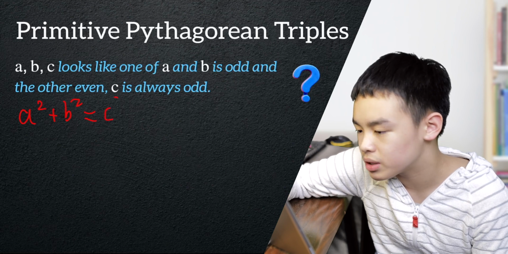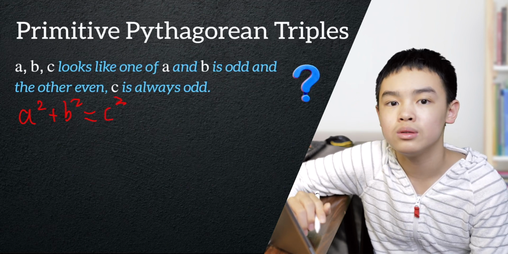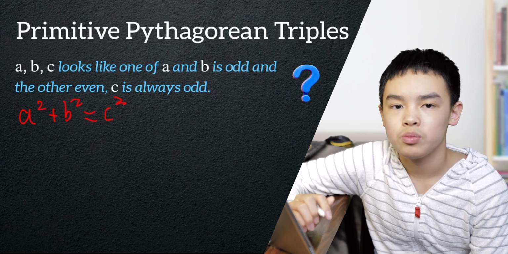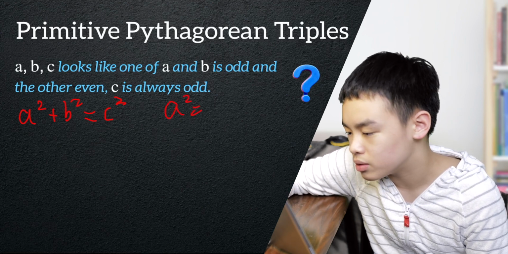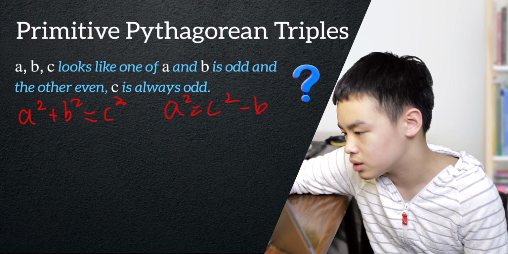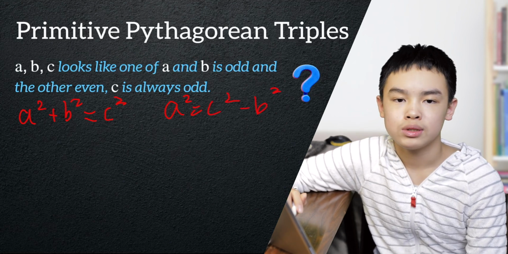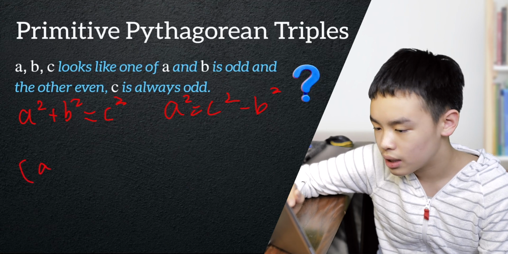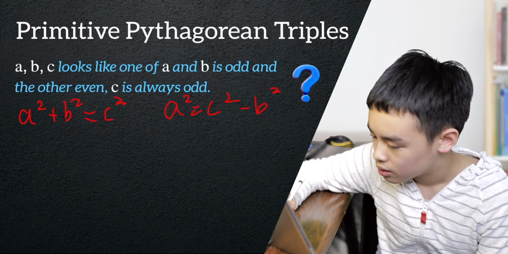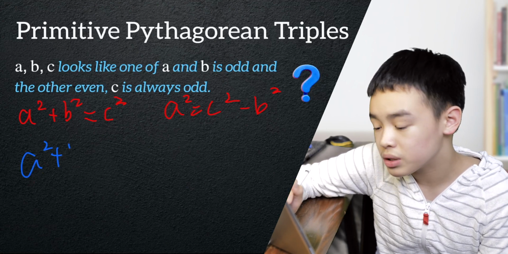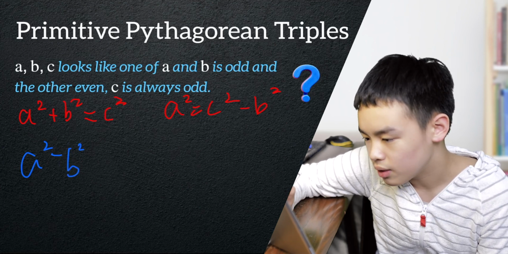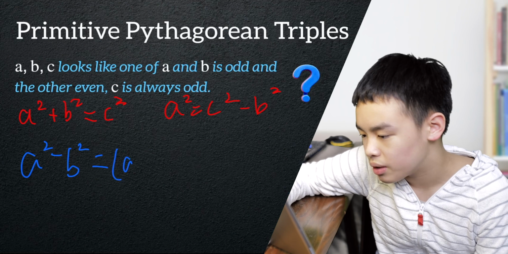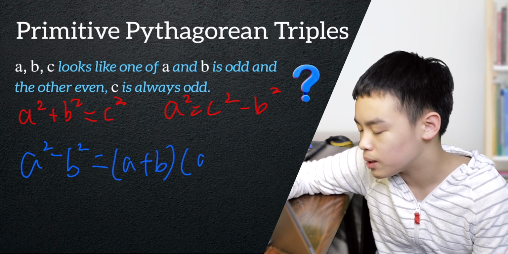Now you're probably wondering what I am going to do. I'm going to subtract both sides by b squared, so that we get a squared equals c squared minus b squared. And for those who don't know, a squared minus b squared can always simplify to a plus b times a minus b.